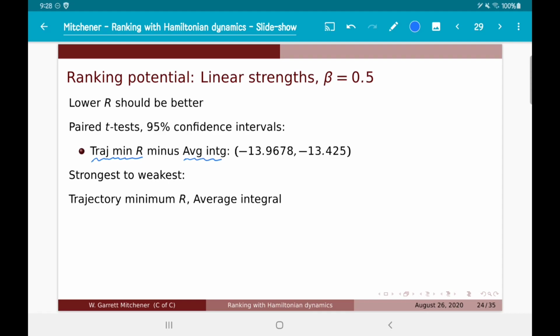And you subtract those, again, subtract the result of the first algorithm on the sample and the second algorithm on the same sample, and look for a 95% confidence interval. The numbers here are comfortably away from 0. So what that means is that the values of r that are coming out of the trajectory minimum are less than the r that comes out of the average integral. So in this measure, the trajectory minimum is giving better results.